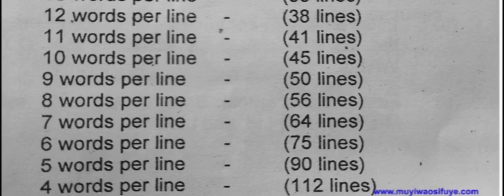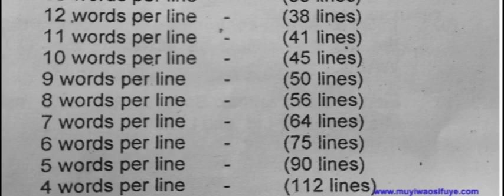For your essay questions, you have to write nothing less than 450 words. Nothing less than 450 words. That is the number stipulated by WAEC. From the table above, you can determine the number of lines that will give you the 450 words after we have determined the number of words that you have per line.